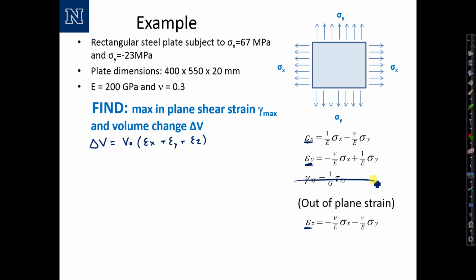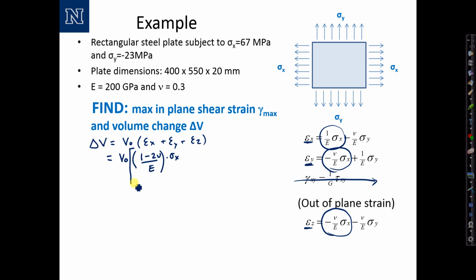We don't need the shear stress to strain equation in this case. Okay? Epsilon x plus epsilon y plus epsilon z is going to be 1 over E times sigma x minus nu over E times sigma x minus nu over E times sigma x. I can summarize that term right there as (1 minus 2 nu) over E times sigma x.